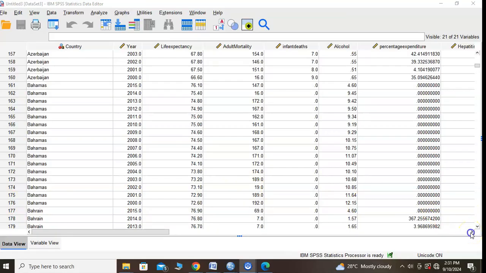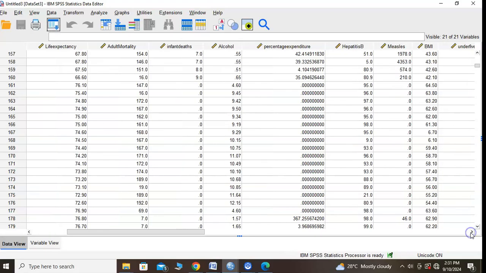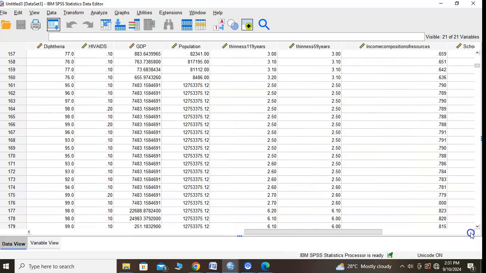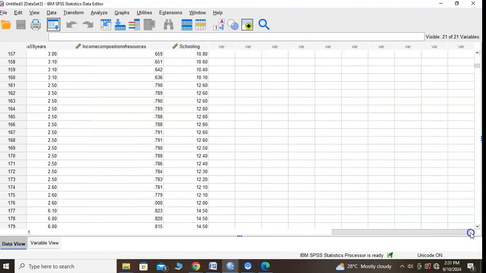The next thing was the multiple linear regression analysis. To quantify the relationship between life expectancy and the socioeconomic factors, I conducted a multiple linear regression analysis. I went to Analyze, then Regression, Linear in SPSS.